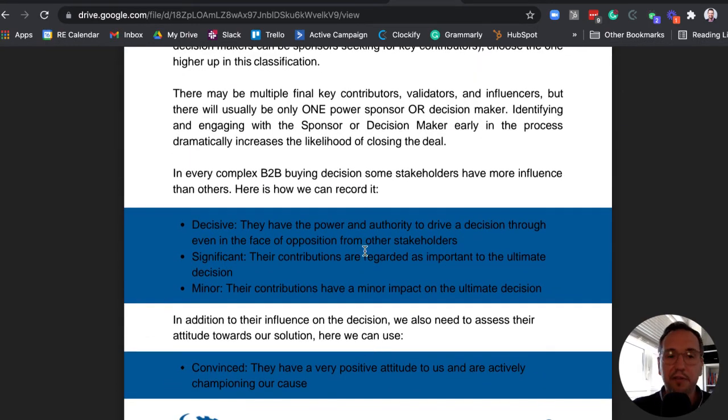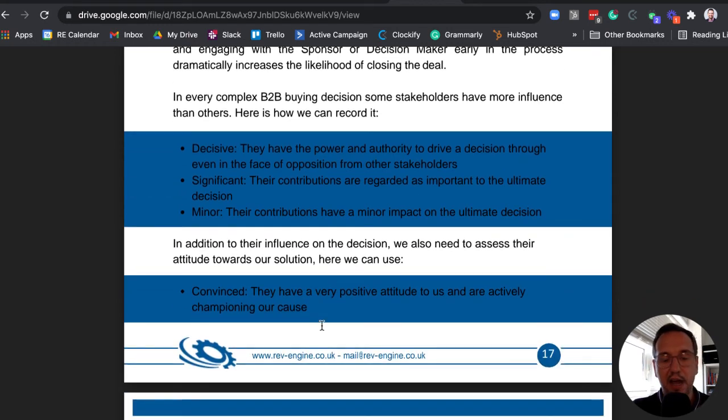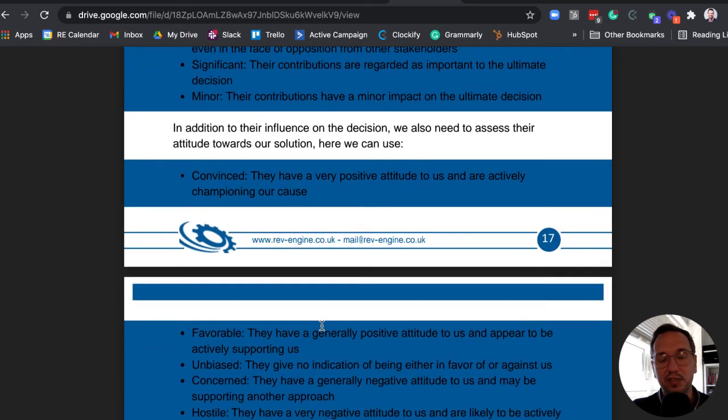So then you need to understand how influential they are. Do they have decisive influence, or significant, or minor? And then you need to gauge how convinced they are, right? So they're very positive about your stuff, or unbiased, they don't care, or even hostile.